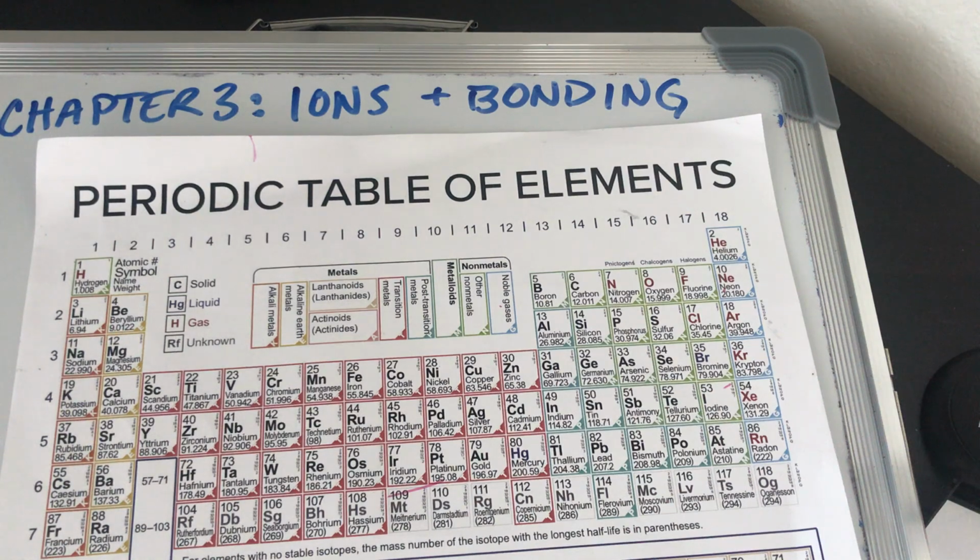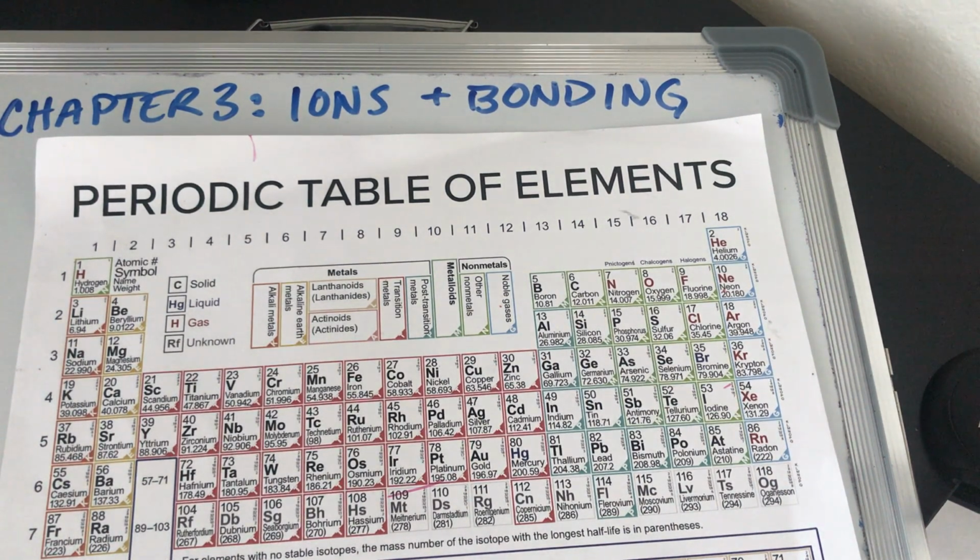Then if a nonmetal is essentially the opposite of a metal, what do nonmetals like to do in terms of electrons? They like to easily gain electrons, exactly. How about the metalloids? They can go both ways, so they can gain or they can lose, depending on who they're hooked up with, right?